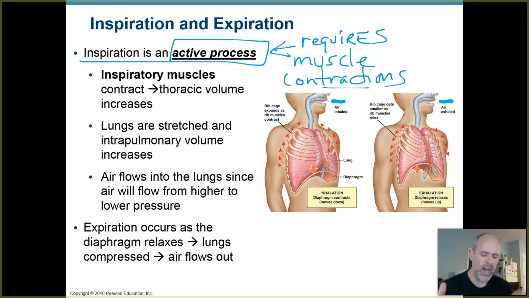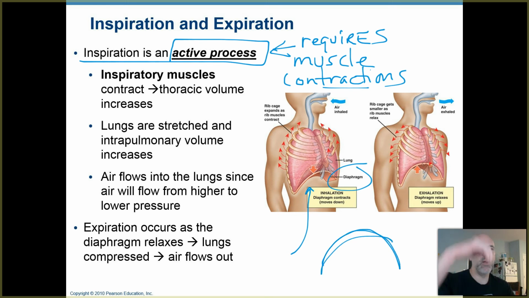All right, so why is it? Sometimes that sounds the opposite of what we might think, but here's how this happens. If you look at this diagram over here, what's your main breathing muscle? Hopefully you know that's the diaphragm. And the diaphragm kind of looks like a parachute. And when it contracts, it flattens out.